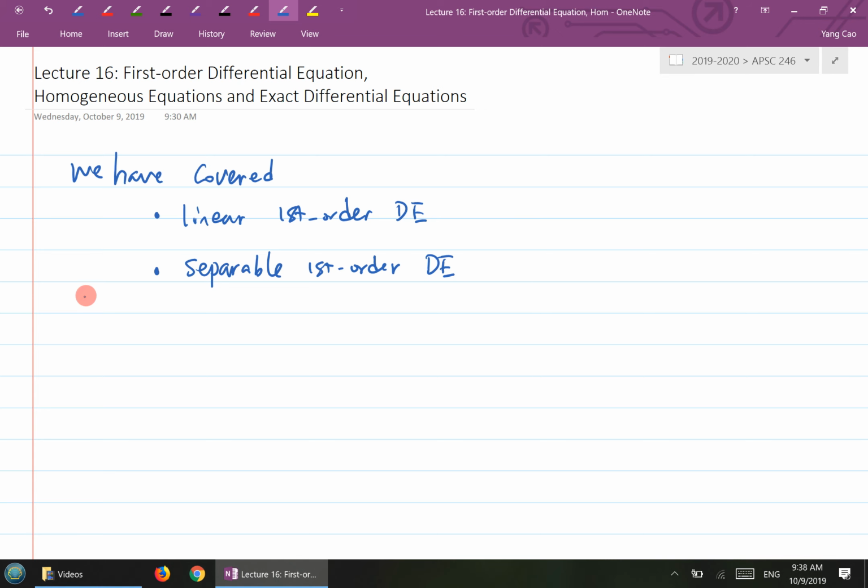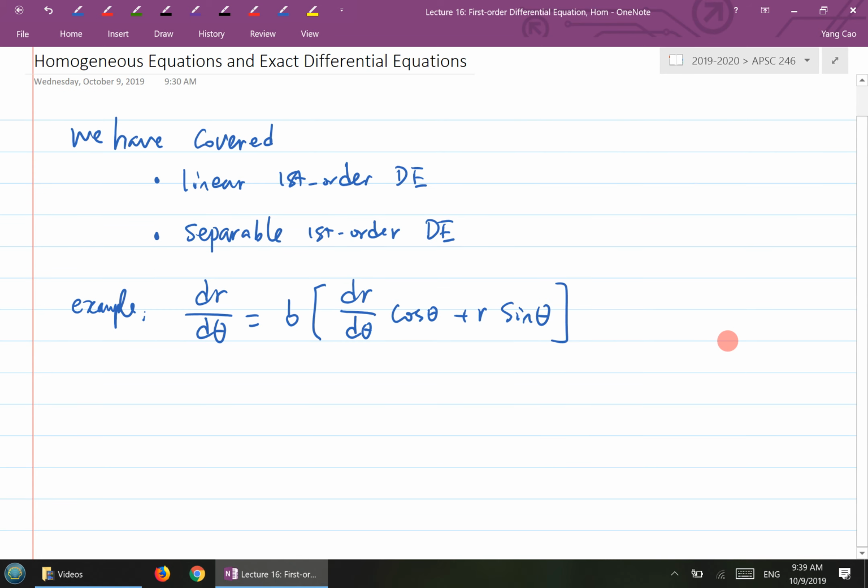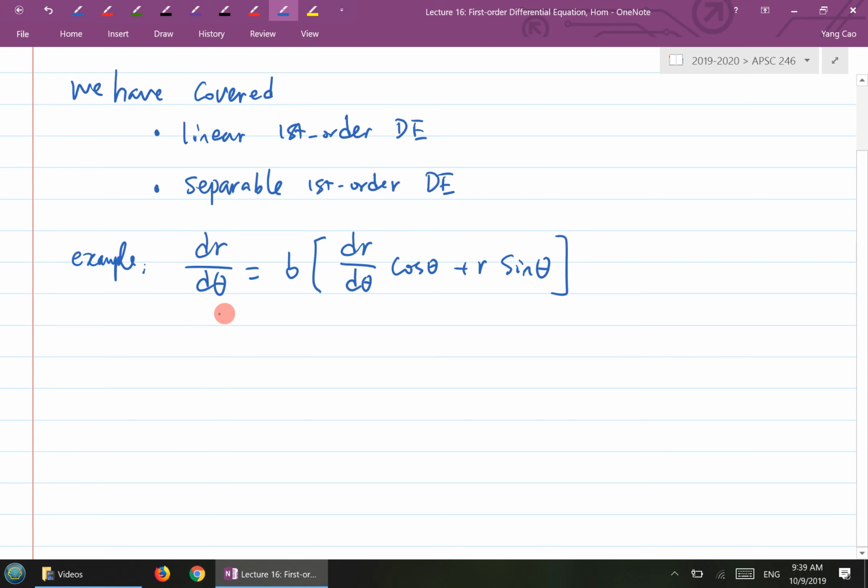This is one of the assignment questions, so I'll quickly go over it. dr over d theta equals b times dr over d theta cosine theta plus r sine theta. So if you have an equation like this, how do we solve it?